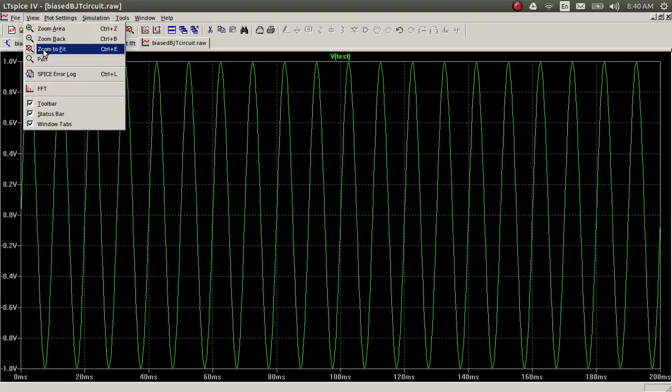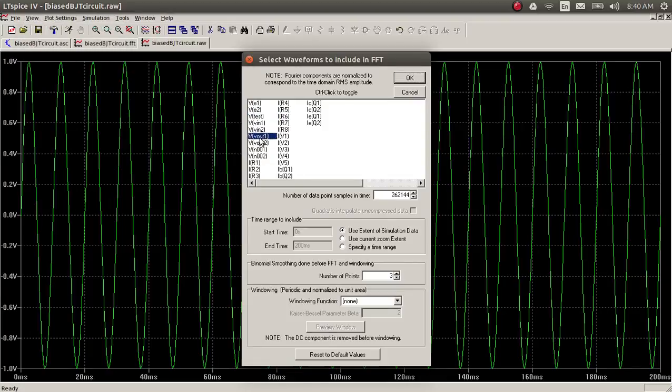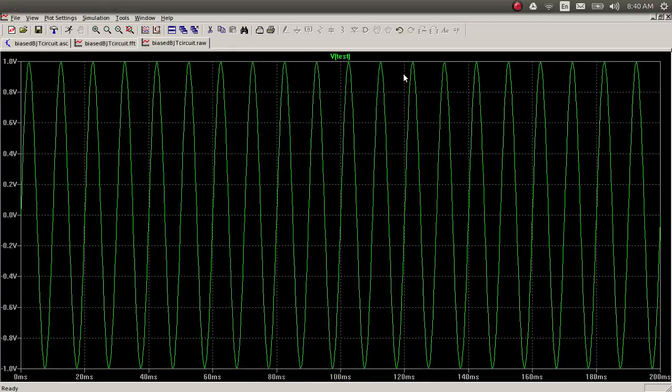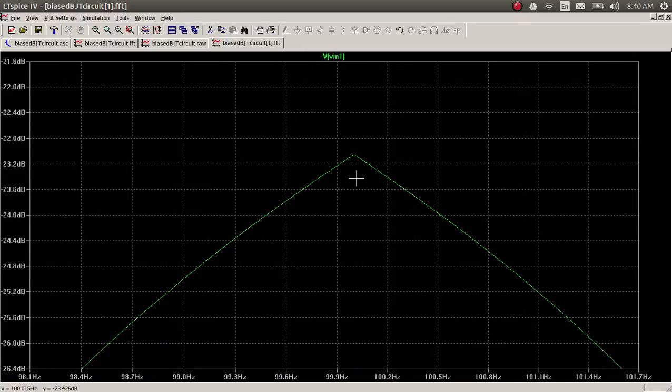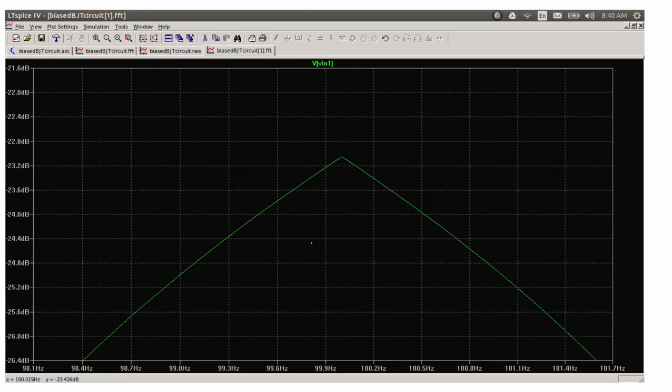If we look at, for example, the input now, the FFT of Vin1, this looks like minus 23 dB, and if you try to make sense of it, it's dB, same thing, 20 times log 10 of V. V is 0.1, a 100 millivolt input. So the peak should have been 20 times log 10 of 0.1, which is 1 over 10.